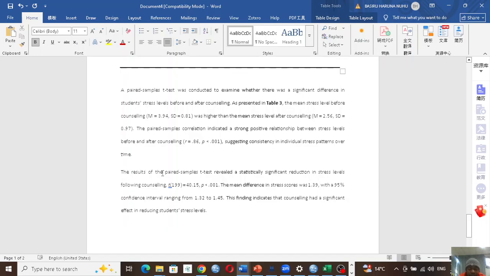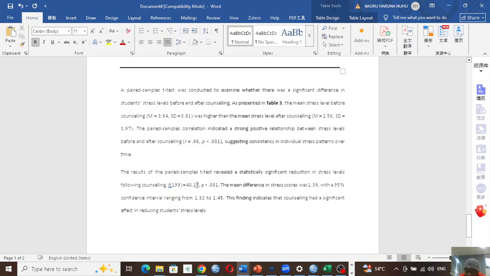The results of the paired sample t-test reveal a statistically significant reduction in stress level following the counseling. So our t value, we calculate it manually and compare it with a table value.